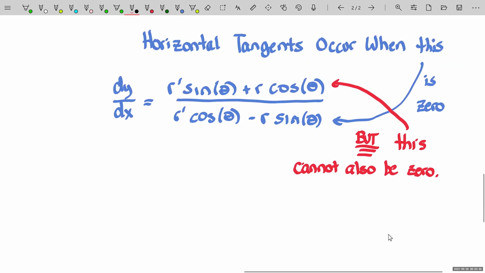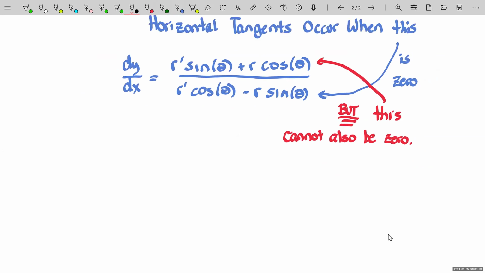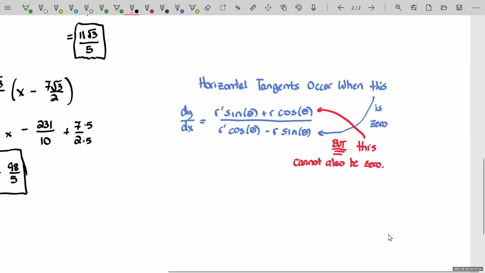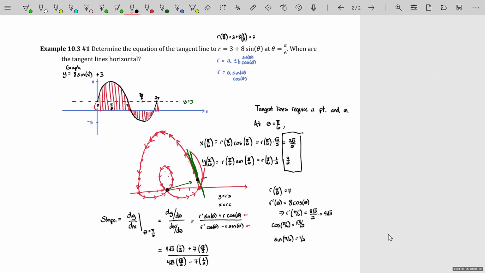Let's set the denominator equal to 0 here. Now, the denominator was r prime cosine of theta minus r sine of theta. R prime is 8 cosine of theta.